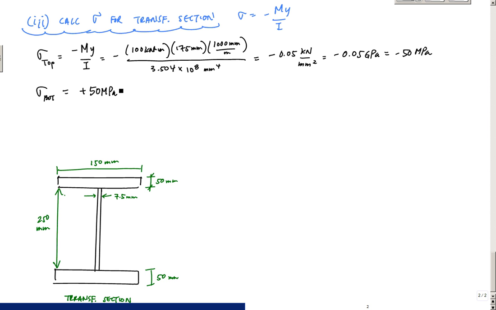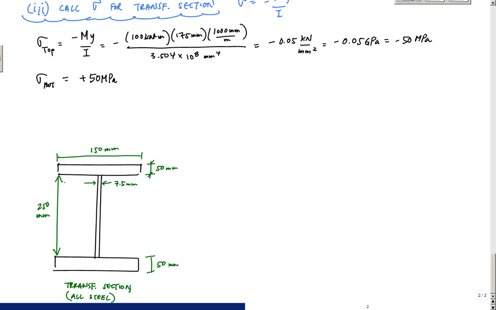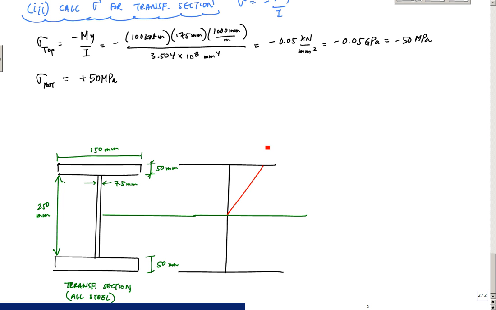If I want to draw the stress profile in this section, let me draw some lines indicating the top and the bottom of this transformed section, which is all steel. I have the neutral axis location right about here. I have compression at the top right here, minus 50 or 50 MPa causing compression.